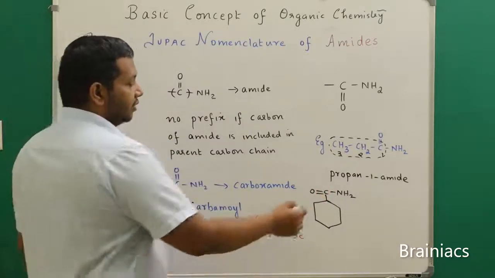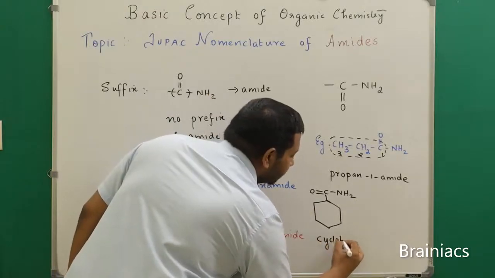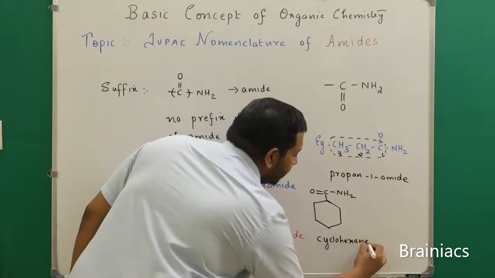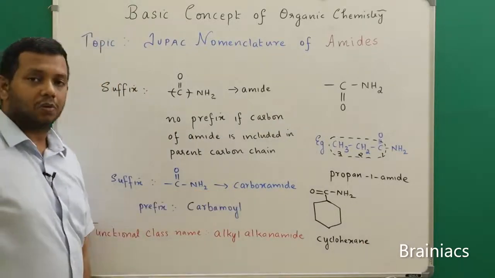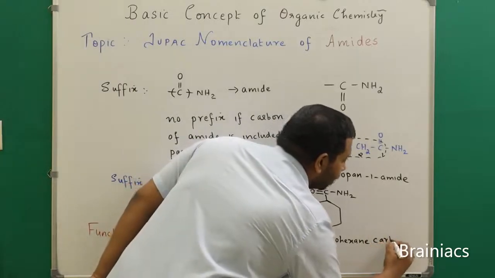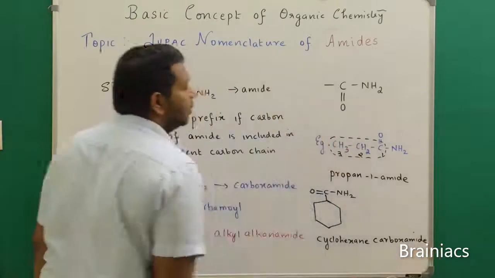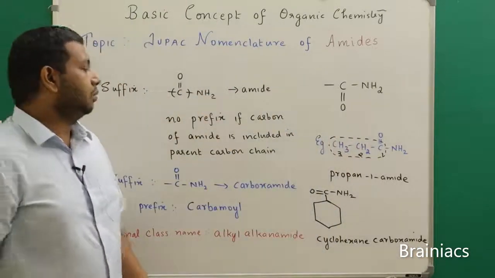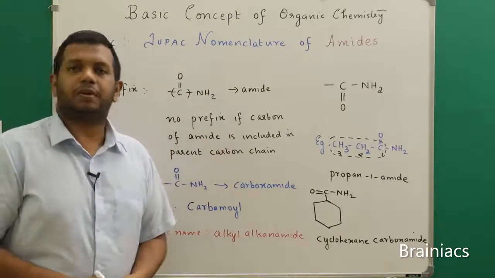So I can say cyclohexane, correct? If the carbon atom is not included in the parent carbon chain, what is the suffix used? Carboxamide. So I can say cyclohexanecarboxamide. Understood? So this is the way we need to name the compound. Now we will see more examples from this particular class.